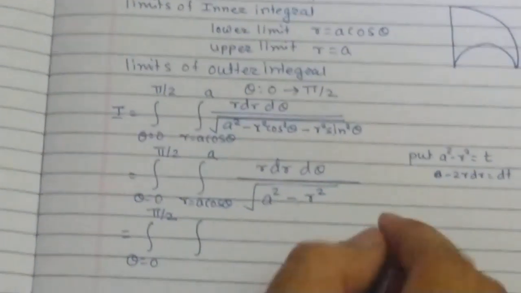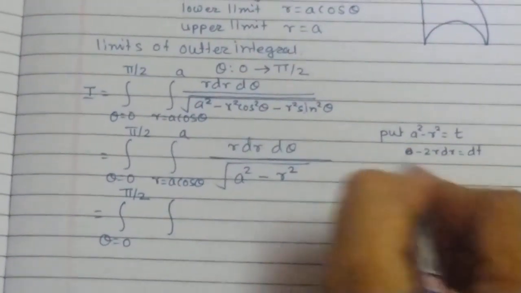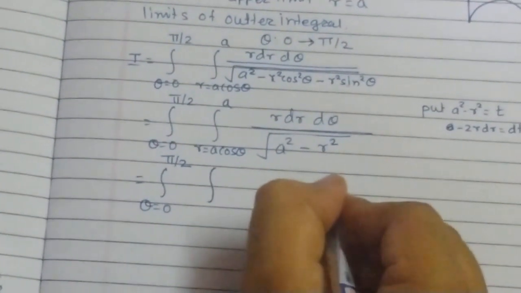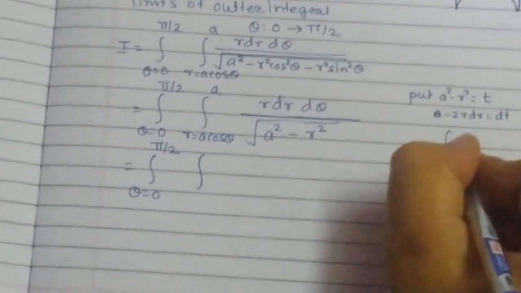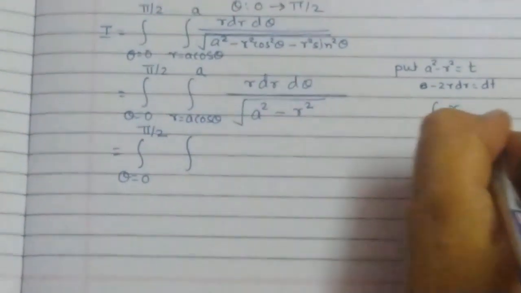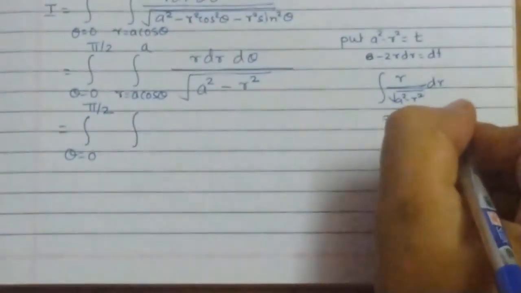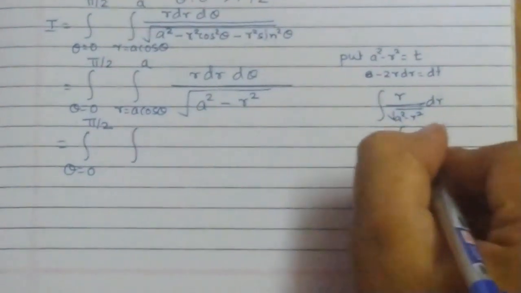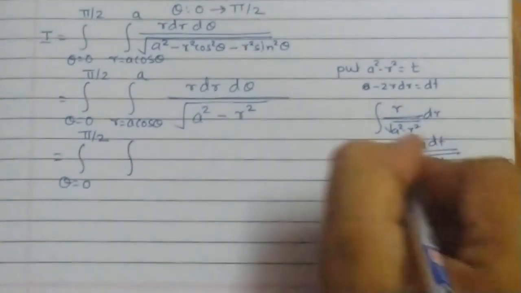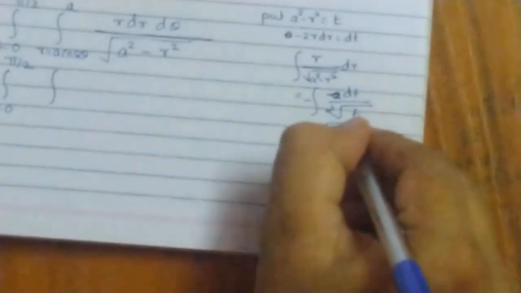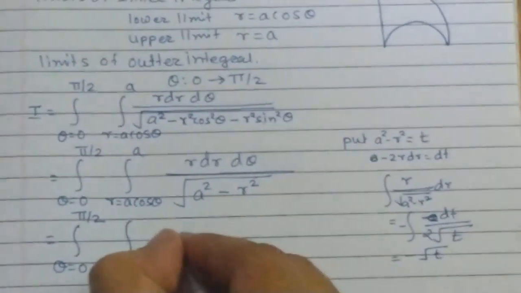Hence r dr is replaced by dt by minus 2, so we get dt upon 2 times root t, and the minus sign is outside. What is the integration of 1 upon 2 root t? It is root t. So we have minus root t. But what is t? a square minus r square.